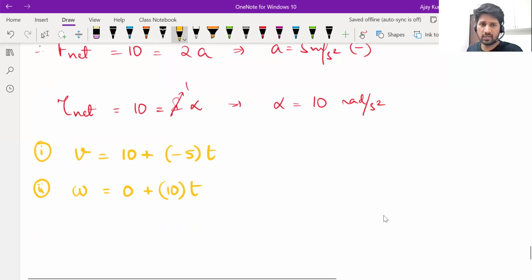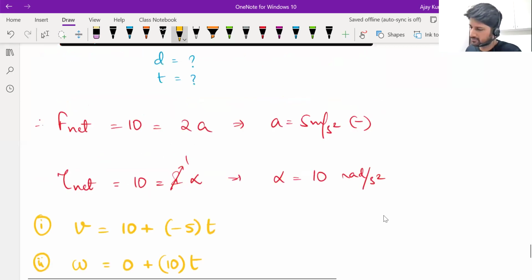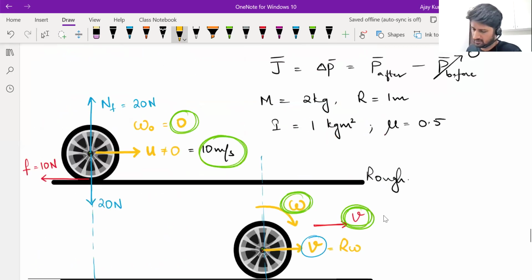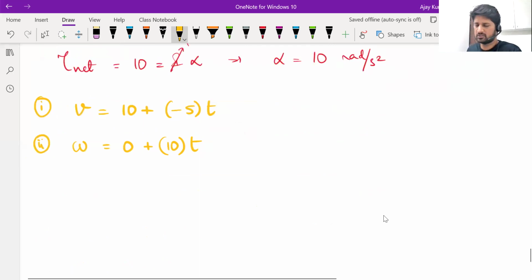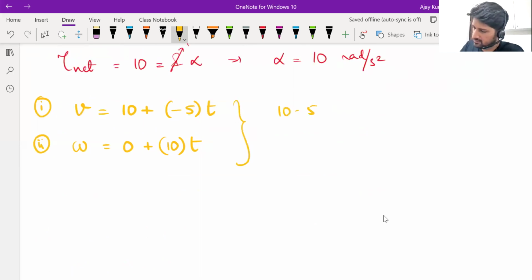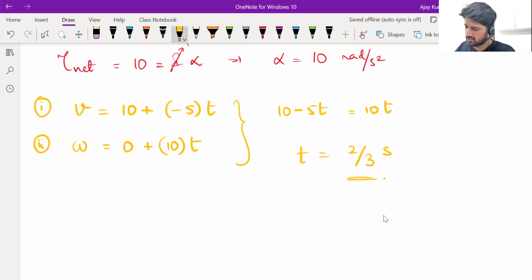And then we know V is equal to r omega. Now how much is the radius of this object? Radius is given 1 meter. So V is equal to omega because r is 1. Now you just equate these two. 10 minus 5t is equal to 10t. Means 10 is equal to 15t, t is equal to 10 by 15. 2 by 3 seconds is the time in which it attains pure rolling.